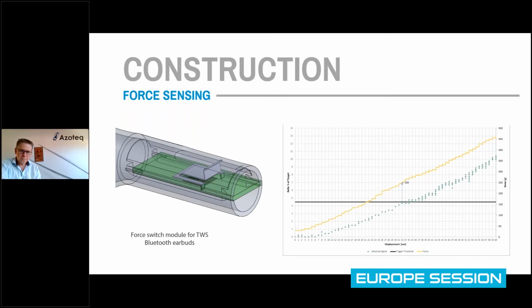And once the button is pushed, you have a change in the inductance, and since the chain of pulse voltage is fixed, then you will see a change in the current because of the change in the inductance. So with the change in current you detect, and you know that the button has been pushed, or the force sensor has been squeezed. Exactly.